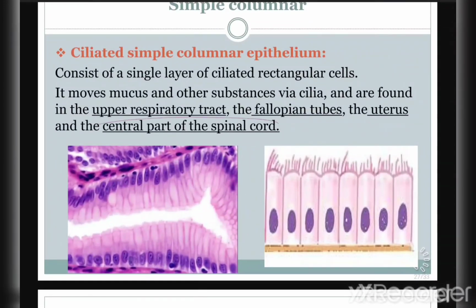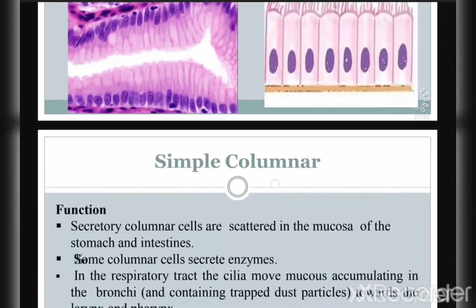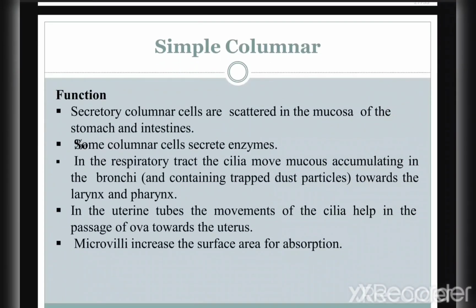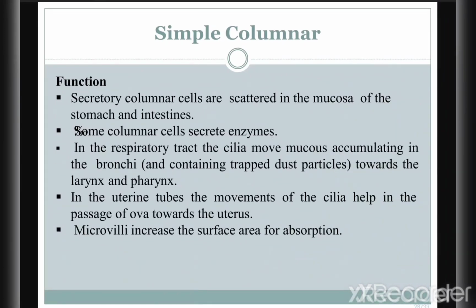In the respiratory tract, the cilia trap foreign particles that enter the airways. In the uterine tube, they are responsible for the movement of the fertilized ovum towards the uterus. Sometimes they have microvilli as in the GI tract, for the purpose of absorption.